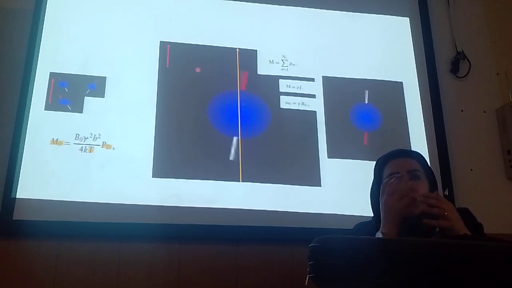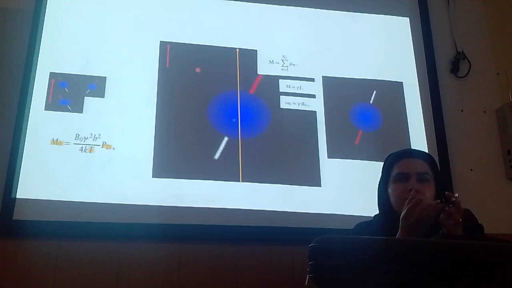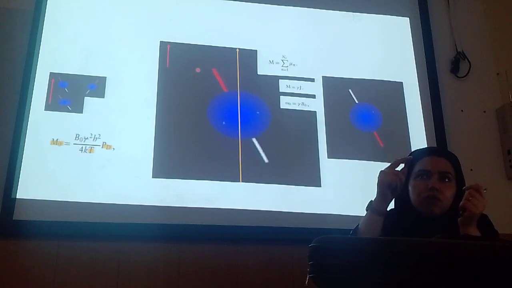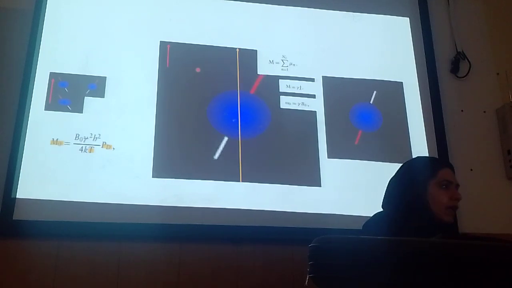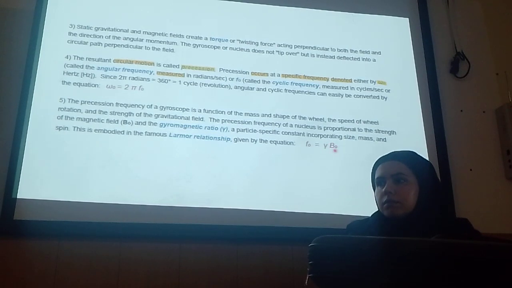And the other parameter is a constant that depends on the size, mass, and other properties of the particle, which is called the gyromagnetic ratio. Let me show you this formula. This is a very, very important formula in MRI. F, which is the precession frequency, depends on the gyromagnetic ratio and the strength of the external magnetic field.